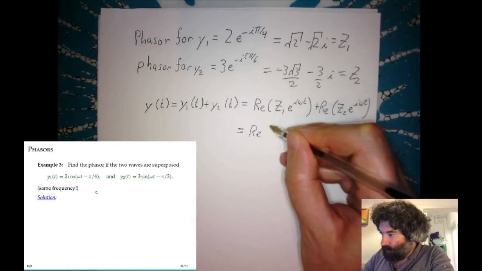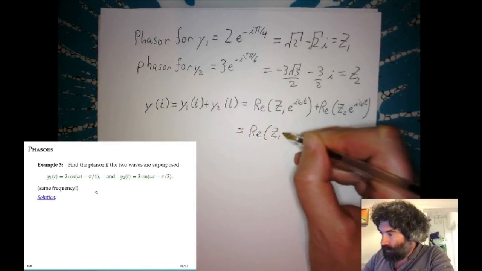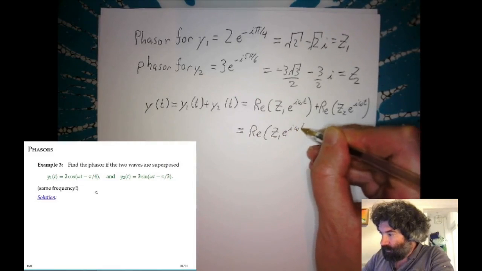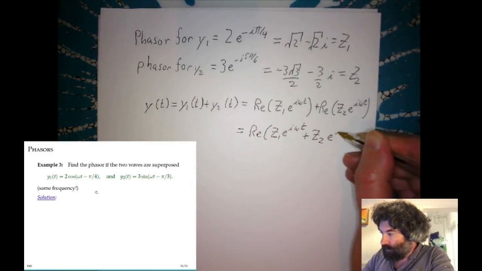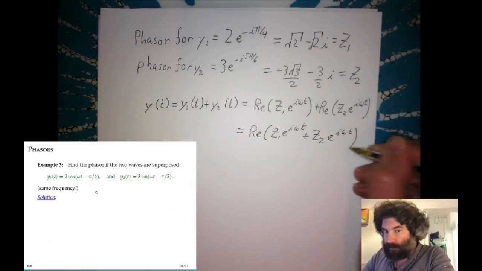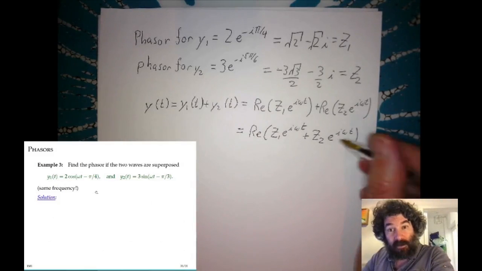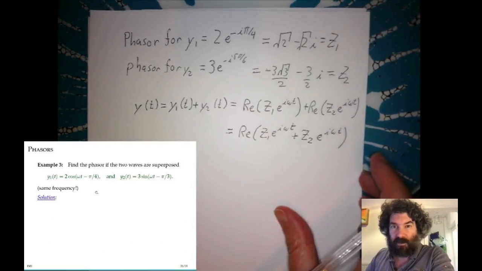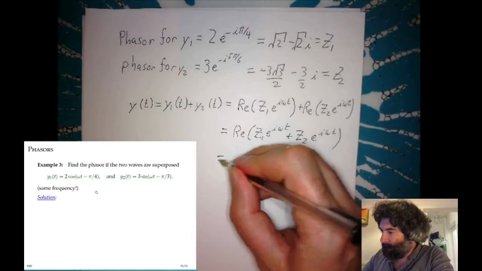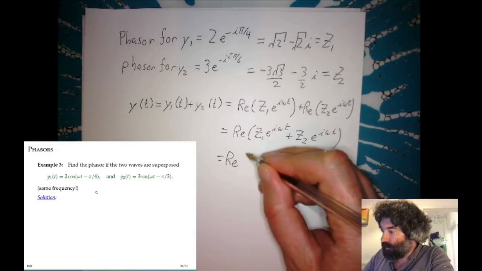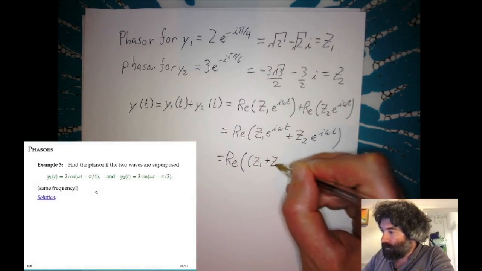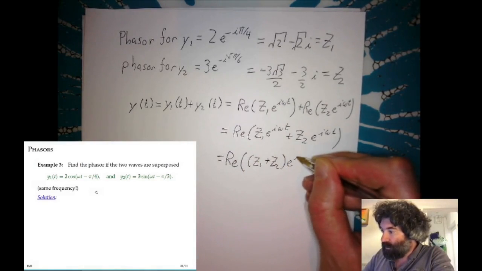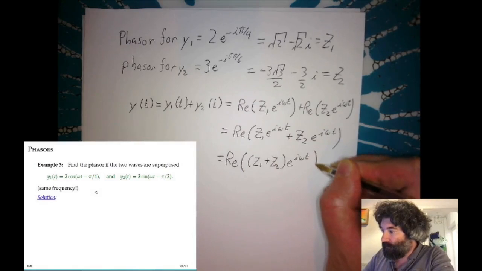And so this is the real part of z1 e to the i omega t plus z2 e to the i omega t. And then we can factor e to the i omega t out of those two terms. This is the real part of z1 plus z2 times e to the i omega t. Right?